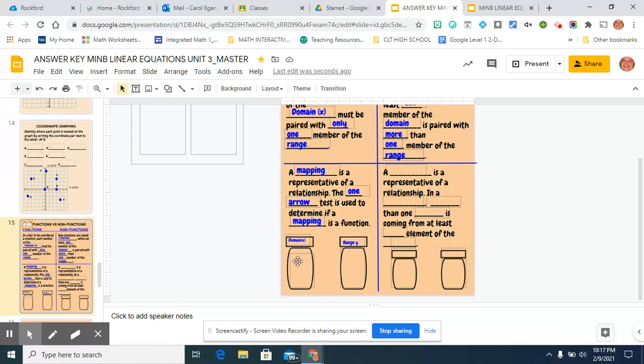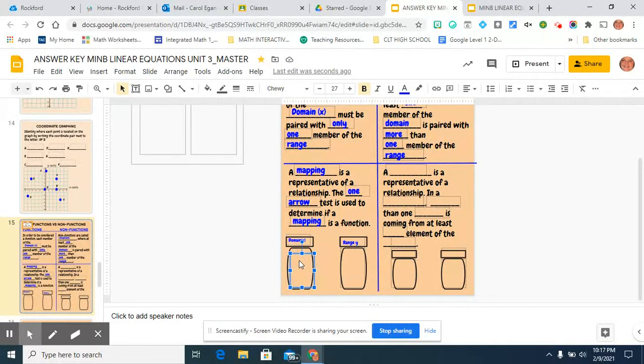The thing that's a little bit different about a mapping than, say, a table or even coordinate pairs is that each member of the domain will only be listed once in the mapping, even if it exists more than once in coordinate pairs. Same with the range. And with this, each domain member, in order to be a function, can only be paired with one member of the range.